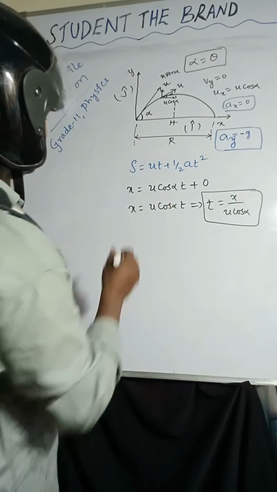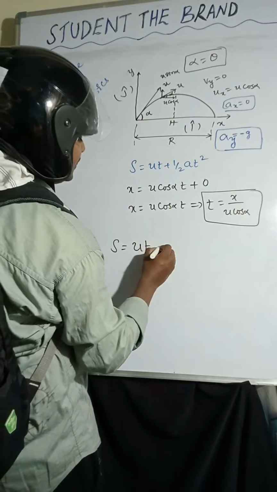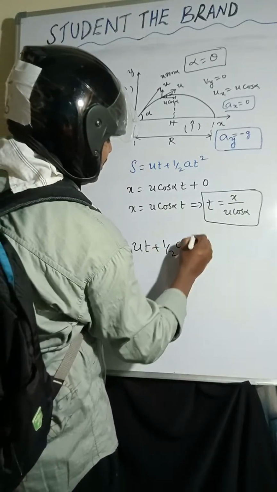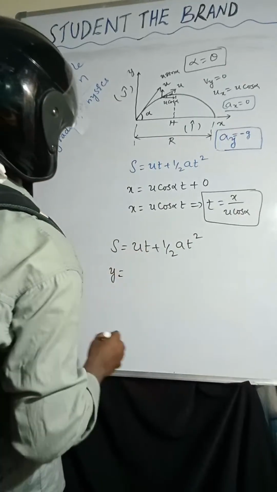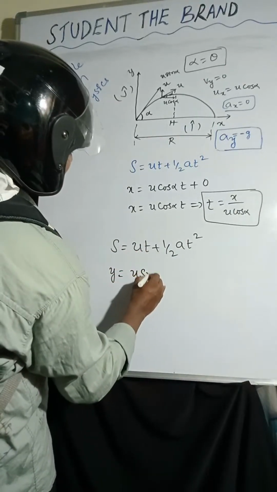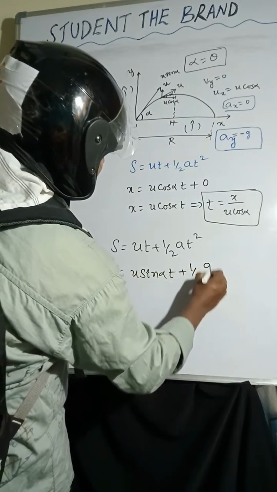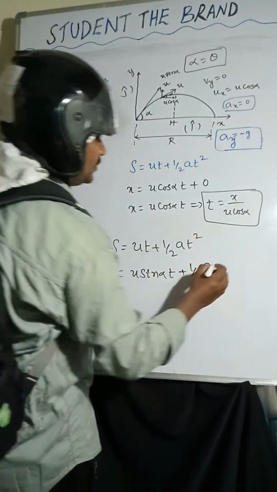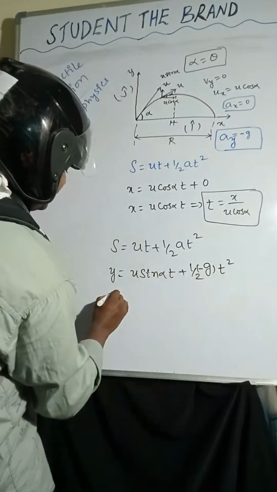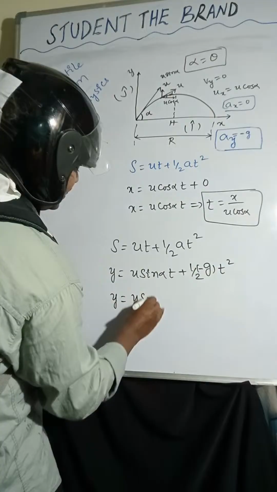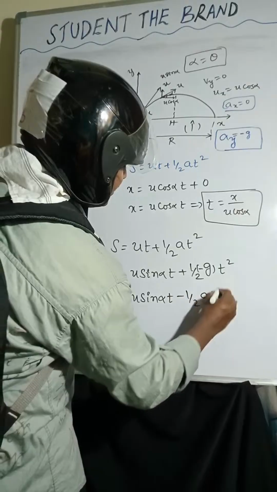Now y. In the case of y, if you are taking ut plus half at square, so y equal to, along y-axis I am taking uy equal to u sin alpha t plus half into g into t square, minus g, right? Minus g t square. So that's why y equal to u sin alpha t minus half into g t square.